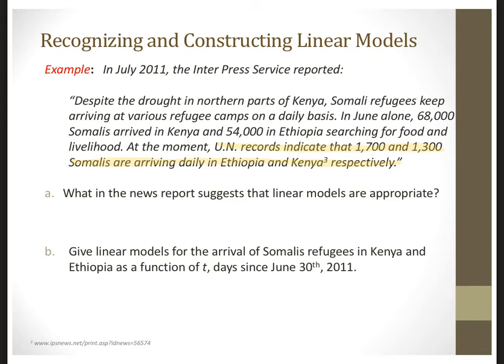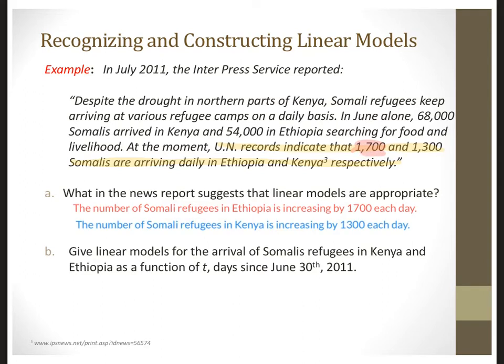Since we have the assumption that the number of Somali refugees entering Ethiopia is constant, 1,700 every day, that would be a linear relationship. And since the rate at which Somali refugees are entering Kenya is constant, 1,300 Somalis a day, we have a linear relationship for both Ethiopia and Kenya.